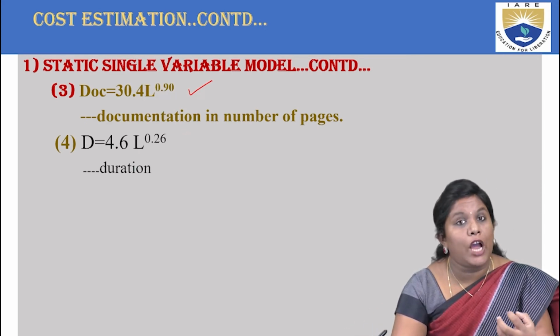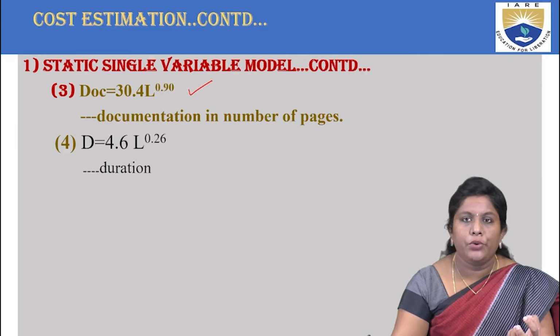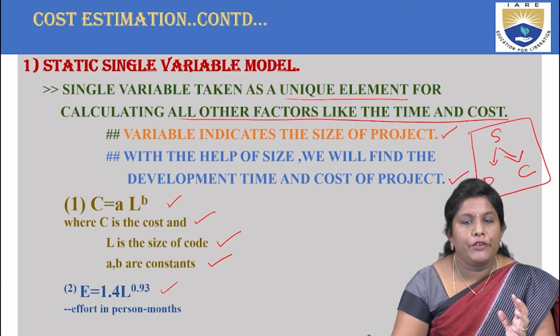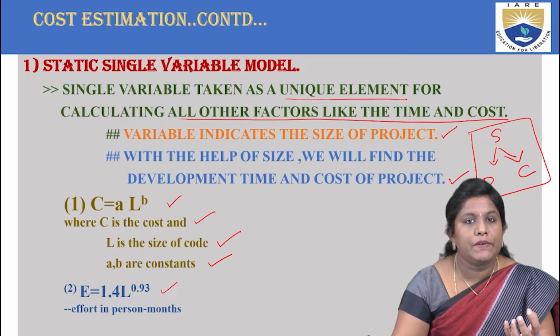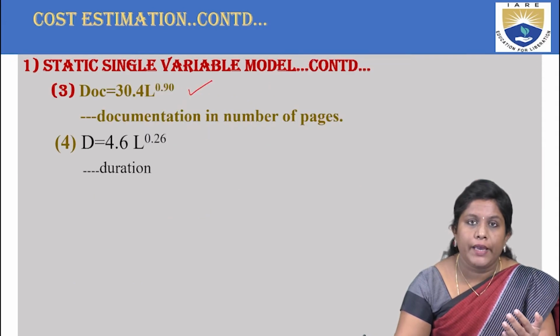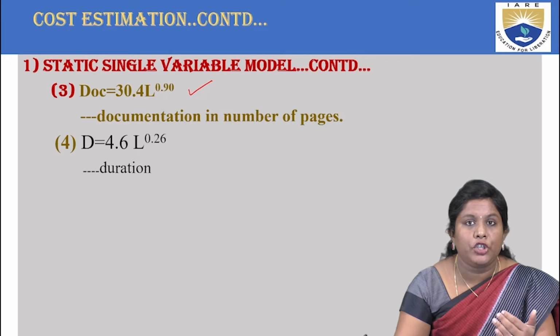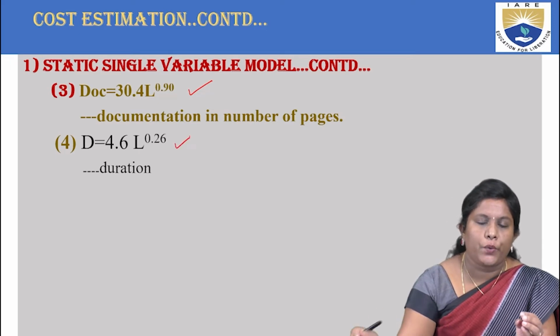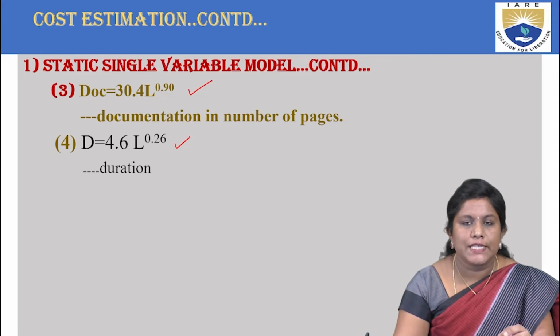And you also have in how much time. As I told you priorly, if you are knowing the size, from the size we will be calculating the development time and the cost. So we have been given C, we have been given effort, and we have seen the documentation and the duration, how much time. That is calculated with the help of 4.16L to the power of 0.26.